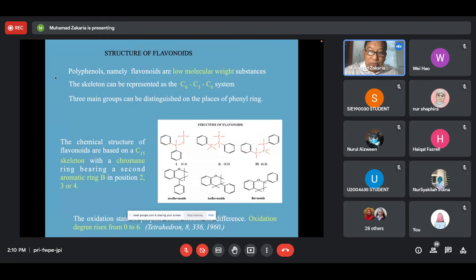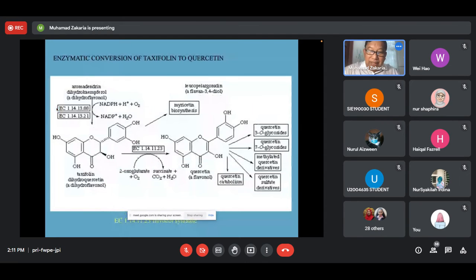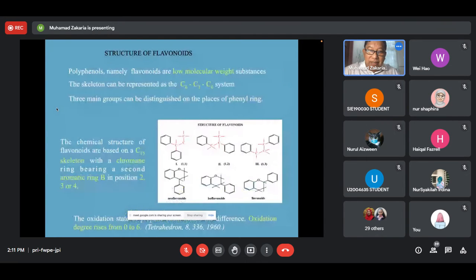I cannot move my cursor. Just wait a minute, let me try to move my cursor. Not connected, is it?